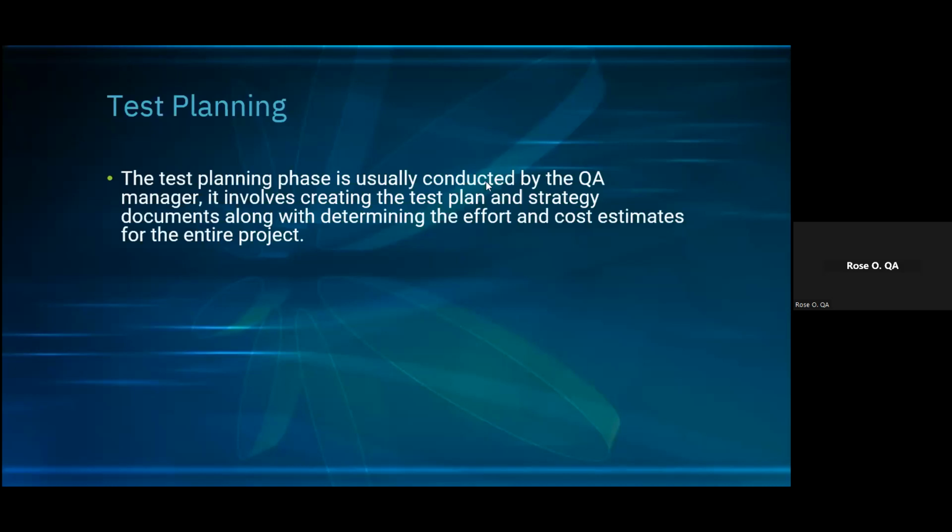I'm not to write it. I can choose to write it, but I can delegate people to do it. That's what it means. It involves creating the test plan and test strategy document, along with determining the effort and cost estimate for the entire project. So that is what the test plan is all about.